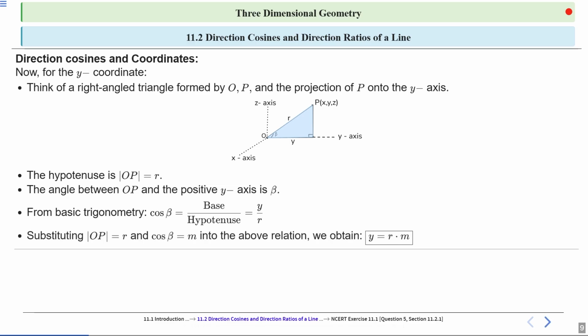Now let's substitute what we know. The length OP is r and the direction cosine with respect to the y-axis is m. So cos beta equals m. Now plugging these into our equation, we get y equals r times m.